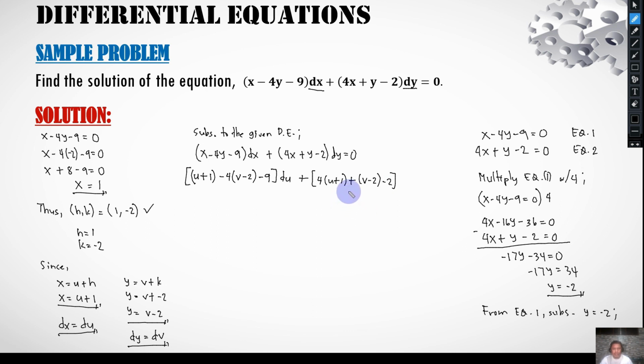Yung dy natin is equal to dv. So this is dv is equal na to 0.